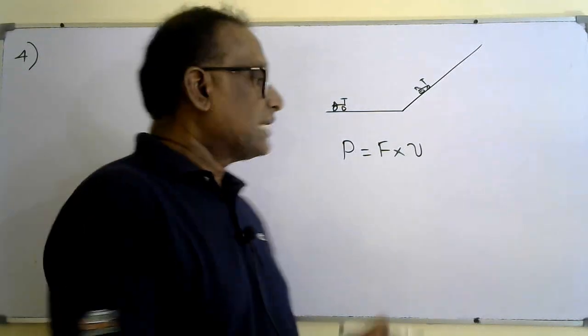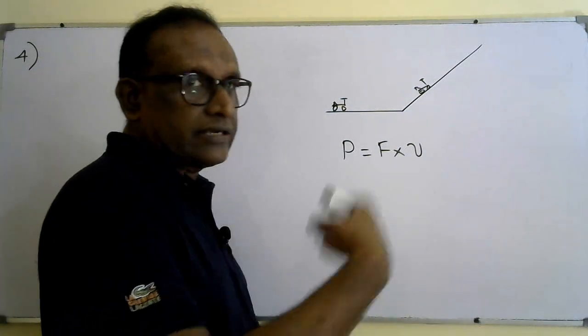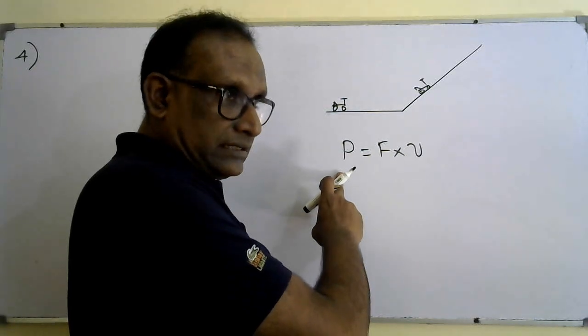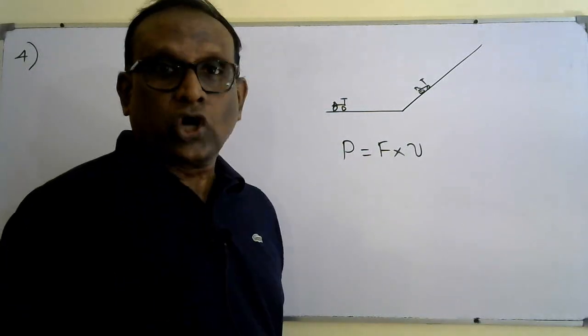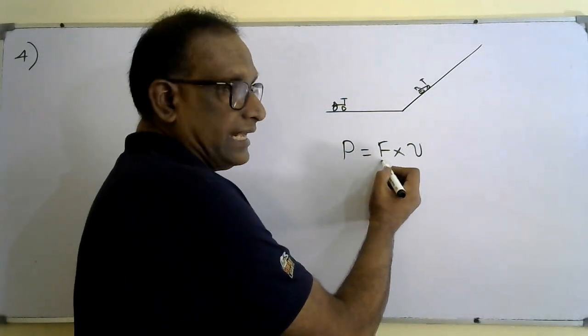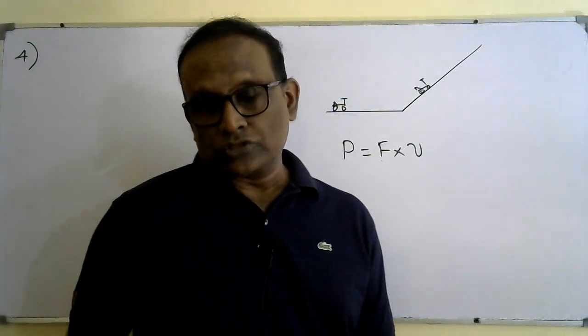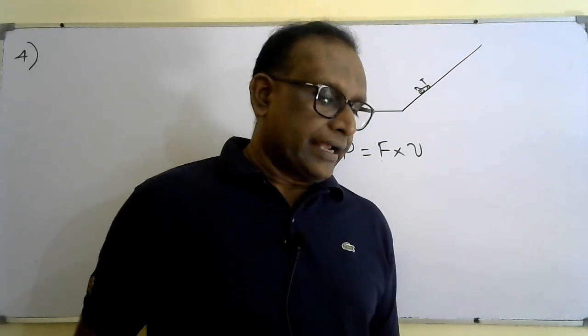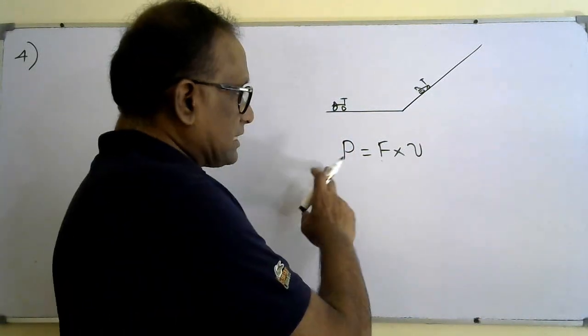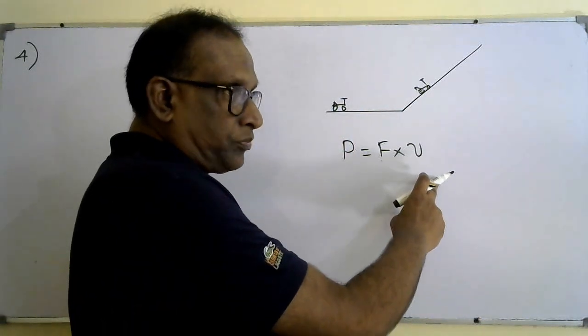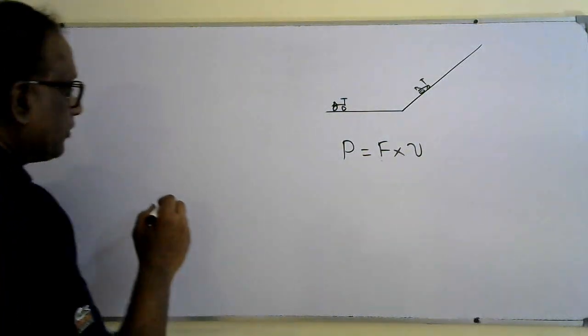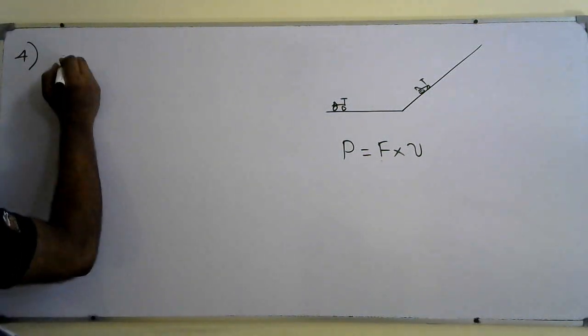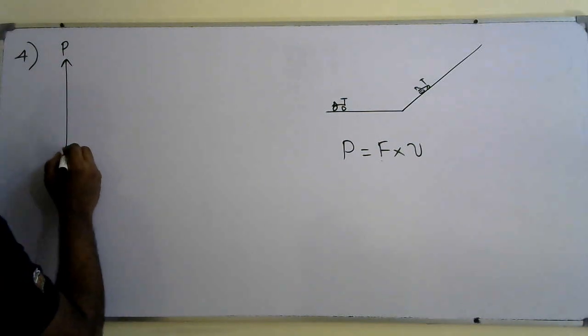So that's the reason the cyclist is transferring power, but it's moving at constant speed, meaning F is the friction opposing the motion. So when it is moving at constant speed on a horizontal road, how will the power vary with time if I draw a graph of power against time?